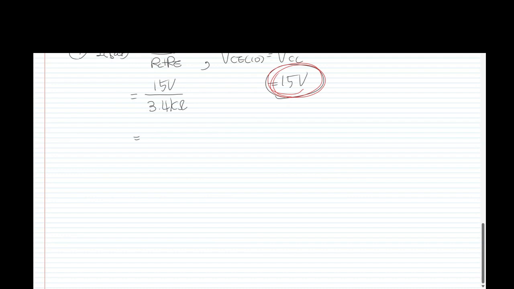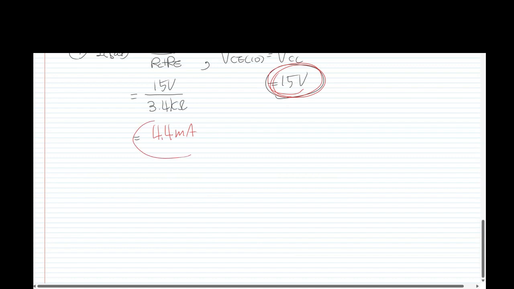So 15 divided by 3.4 is 4.4 milliamp. Now the load line goes through 0, I sub C, and V sub CE.